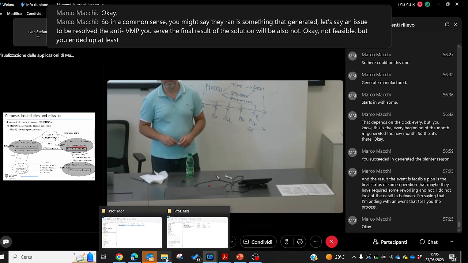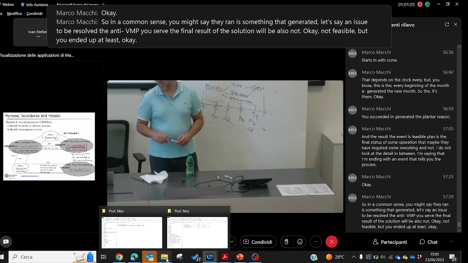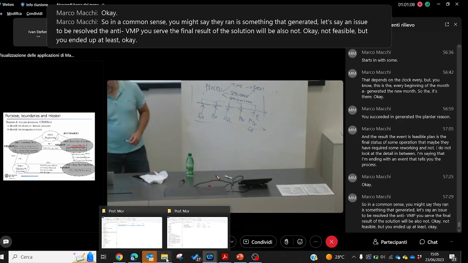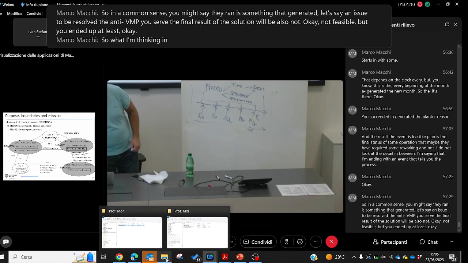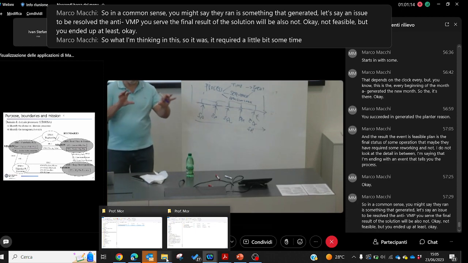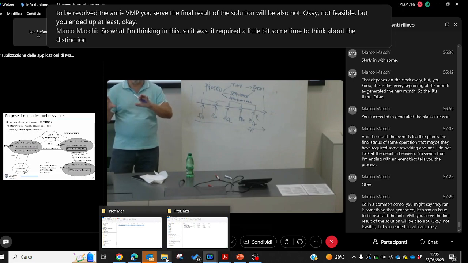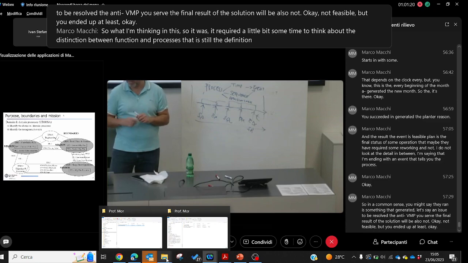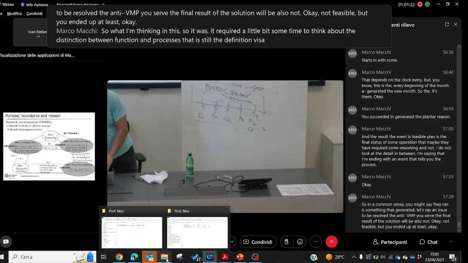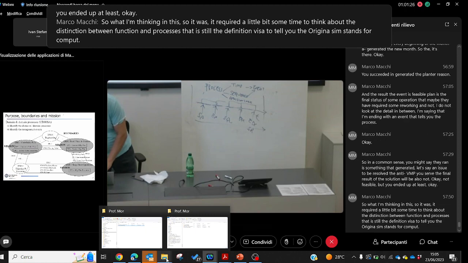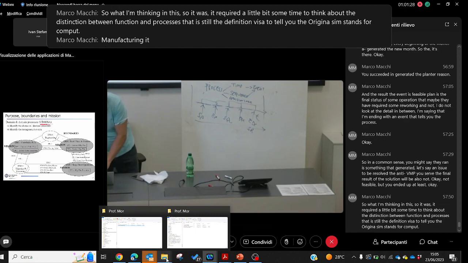Okay? So, what I'm thinking in this, it required a little bit of time to think about the distinction between function and processes, at least in the definition that comes from this. To tell you the origin, SIMOSA stands for Computer Integrated Manufacturing Open System Architecture.